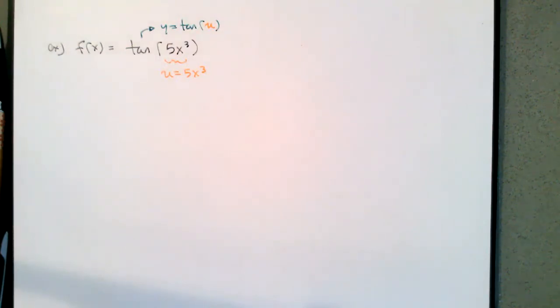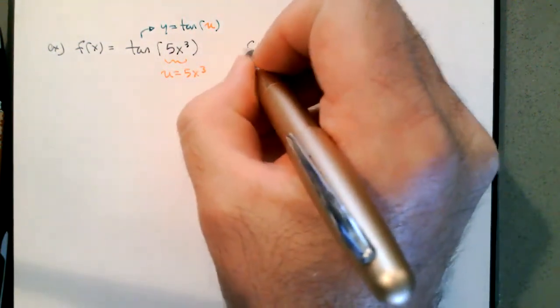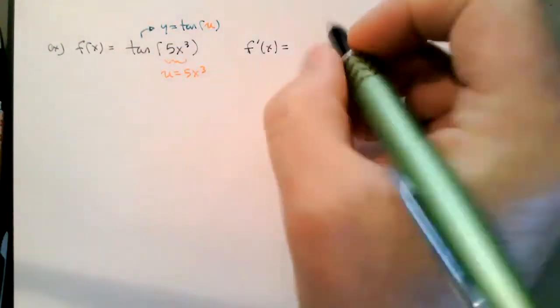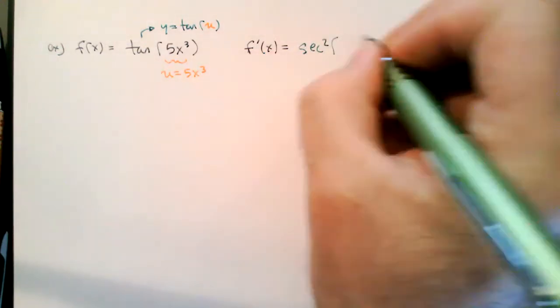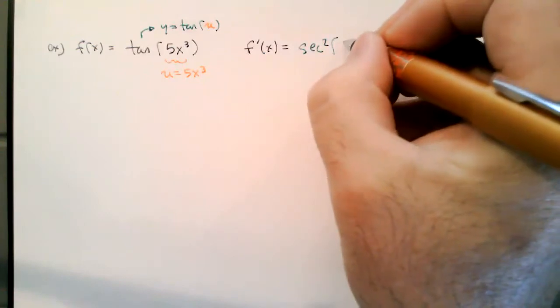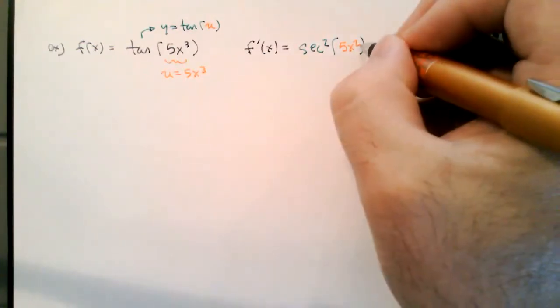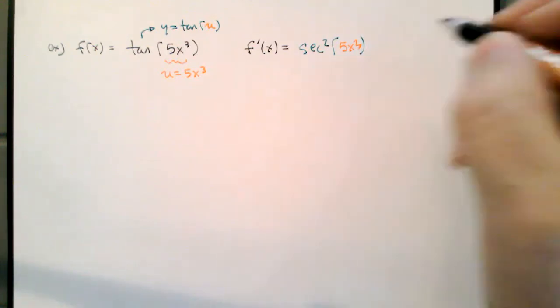So this derivative is the derivative of tangent of something. So the derivative of tangent of a thing is secant squared of that thing times the derivative of the thing.